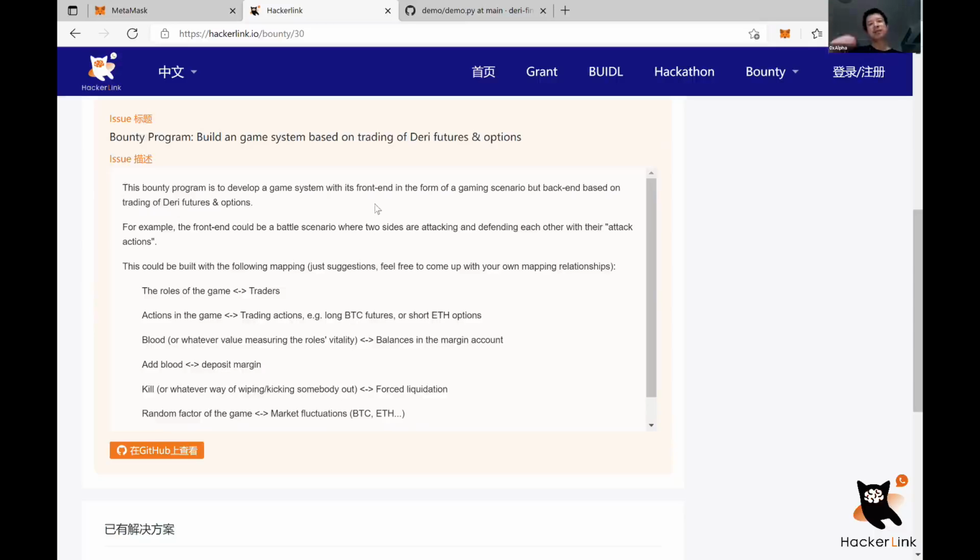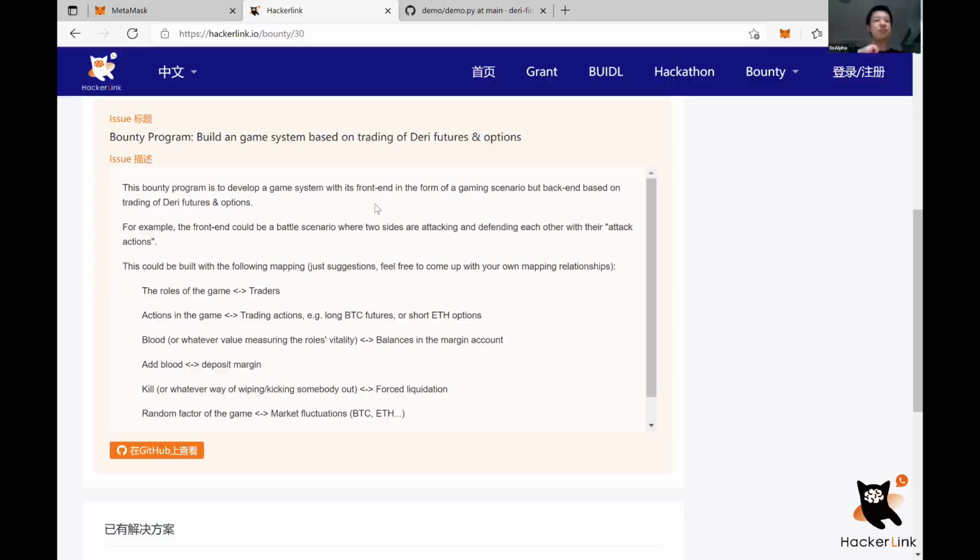I bought a long position of Bitcoin, and I explained that action in a financial context. That is up to my interpretation, right? But you can actually interpret that in whatever way you want. It doesn't have to be the financial context.